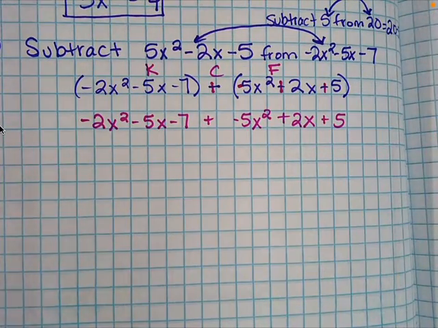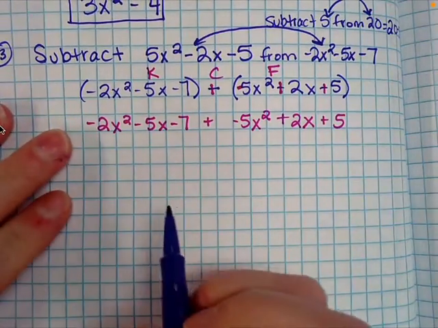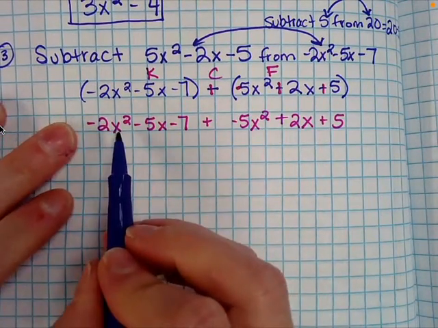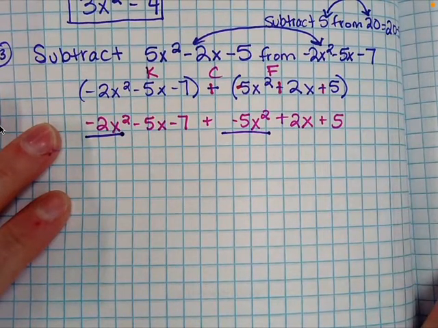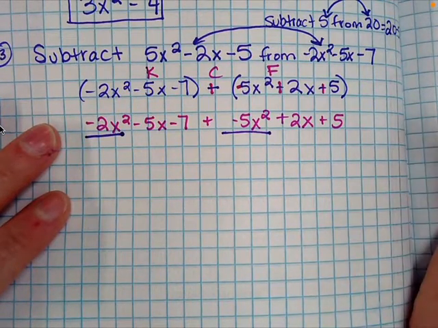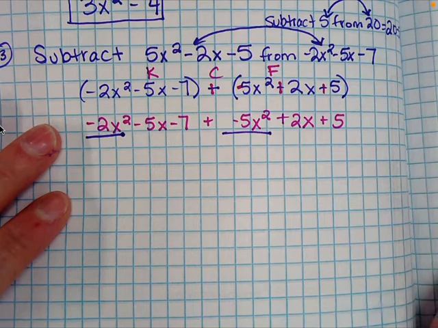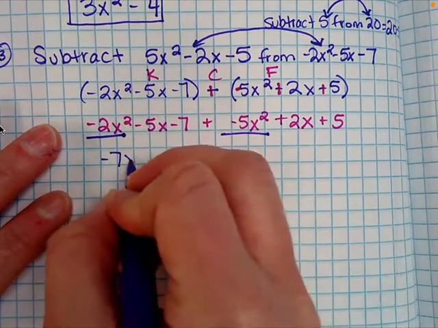So once we have that, we can combine like terms. So we start out with the largest degree, which is the x squared. So we have a negative 2x squared and a negative 5x squared. So negative 2 plus a negative 5. We have negative 7x squared.